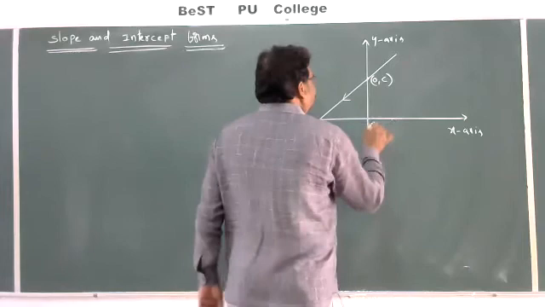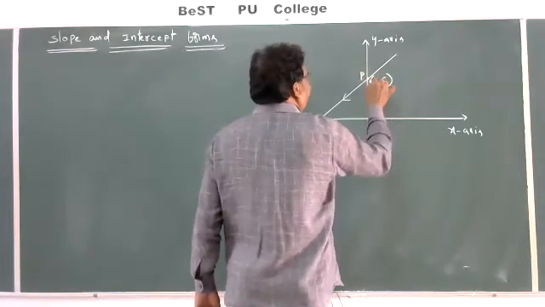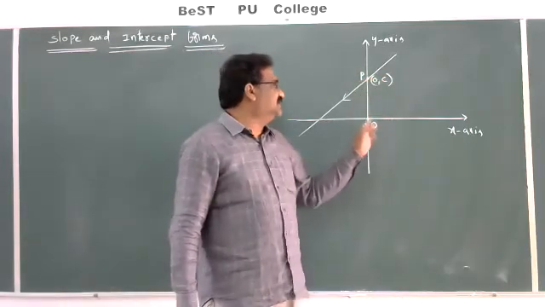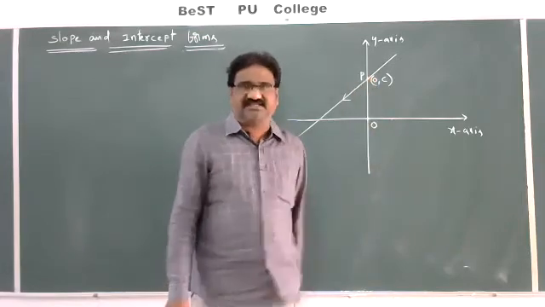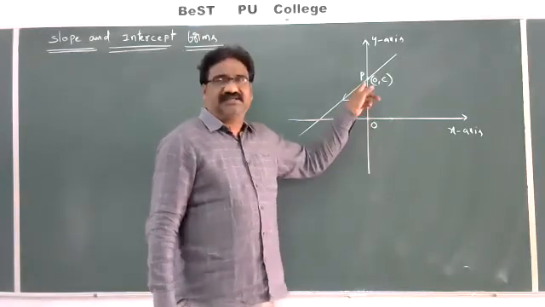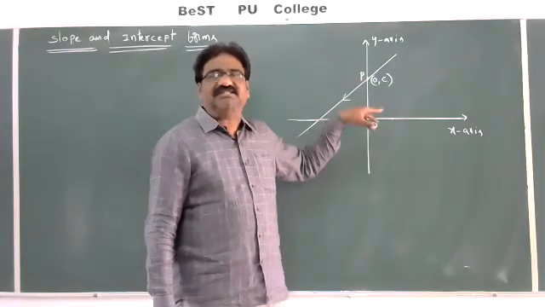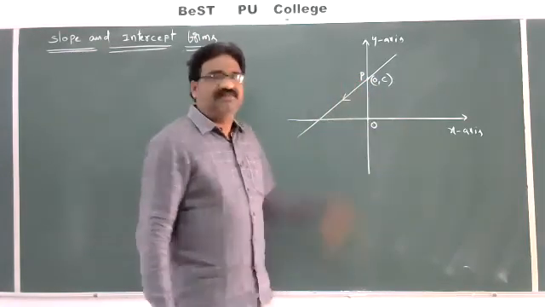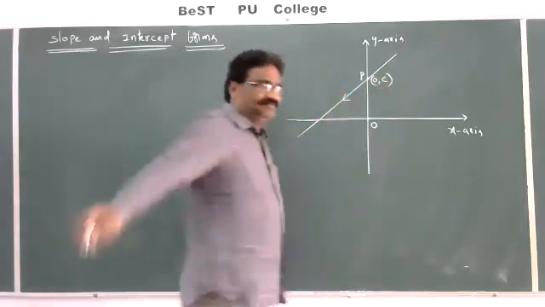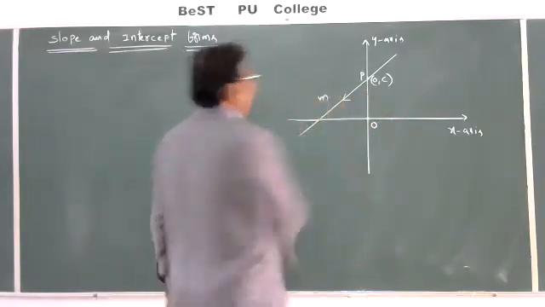That means the distance from the origin to this point is c units. This distance is called the intercept on the y-axis. A line making c units intercept on the y-axis means that line cuts the y-axis at 0 comma c, whose slope is m.